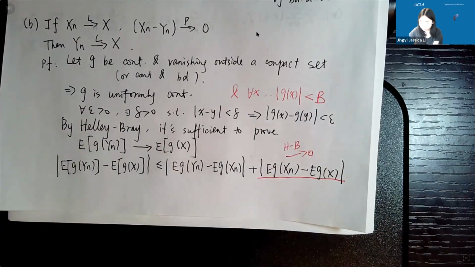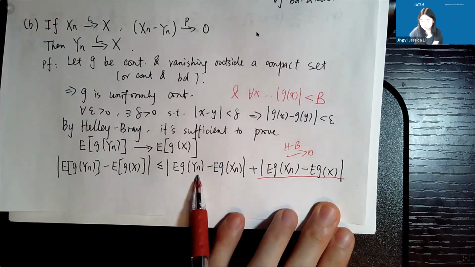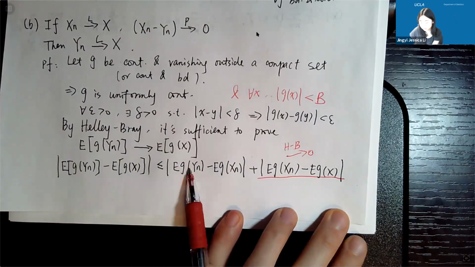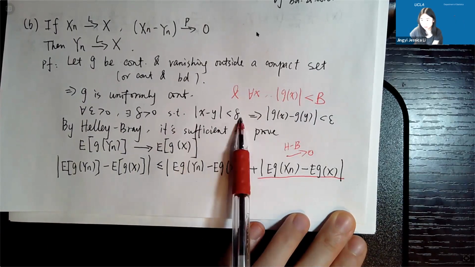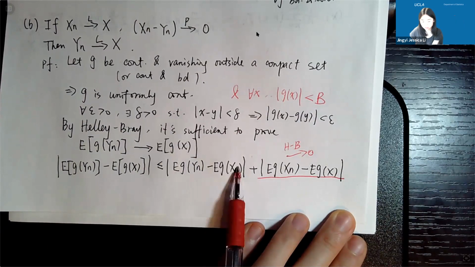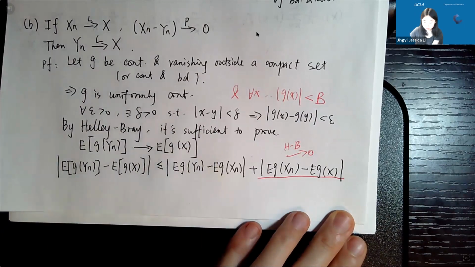So by the uniform continuity, I can consider two scenarios. One is that Yn and Xn are within each other by delta. And the second is that they are not within each other by delta. I just separate this into two terms.